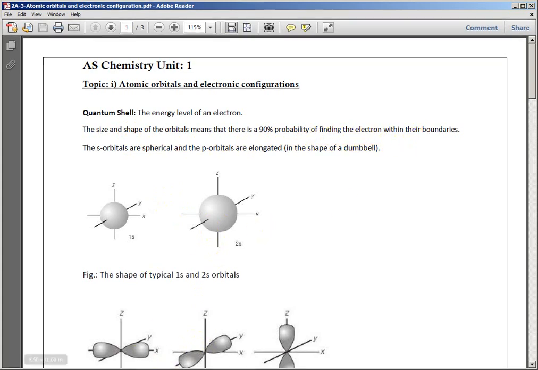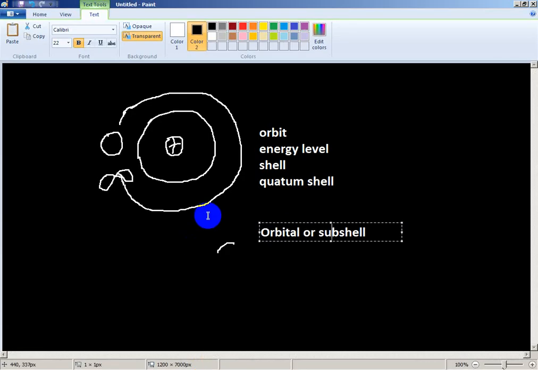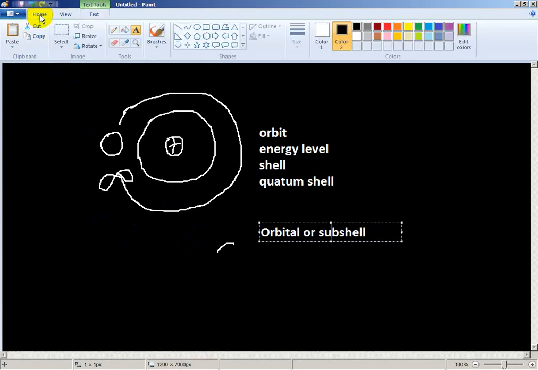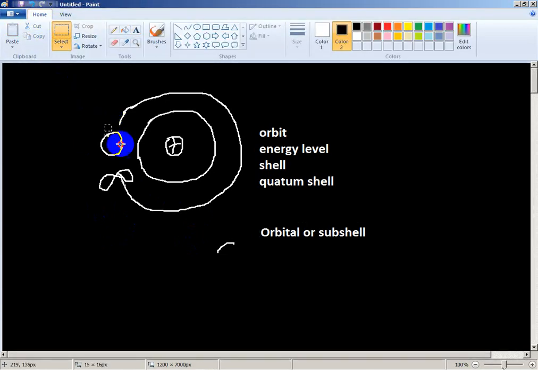So you know this energy level. How do we find the energy level? For an electron in an orbit, this is the first energy level, the second energy level.